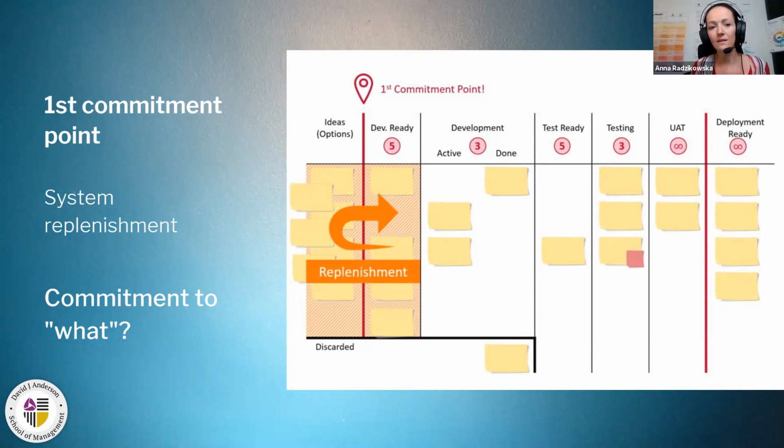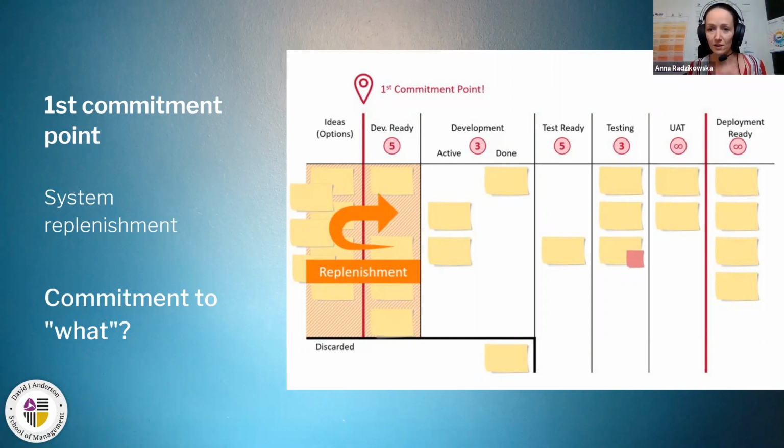So when an item is in the upstream Kanban, it is an option. So this is something that you can still discard. When an item moves over this red line, so moves from ideas from upstream Kanban to downstream Kanban to the delivery system, we say that this is the first commitment point. And what does it mean?